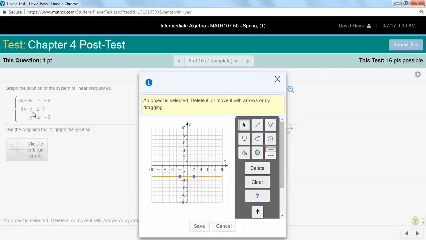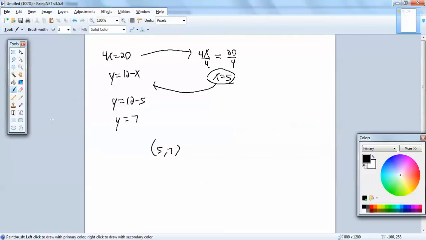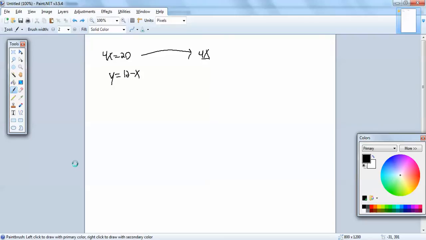This next one, 3x plus y is less than or equal to 7. Well, if I considered it a line, we got 3x plus y, and put an equals where the inequality was. 3x plus y is equal to 7.